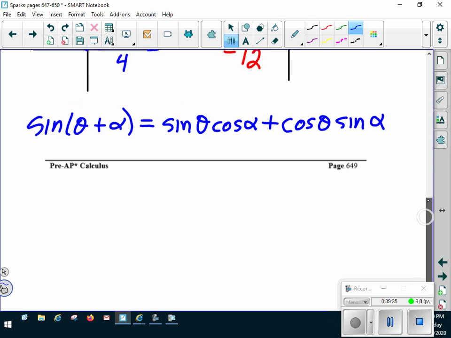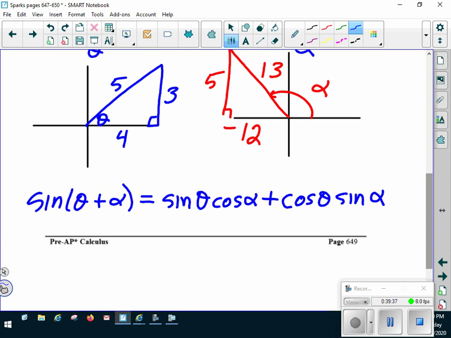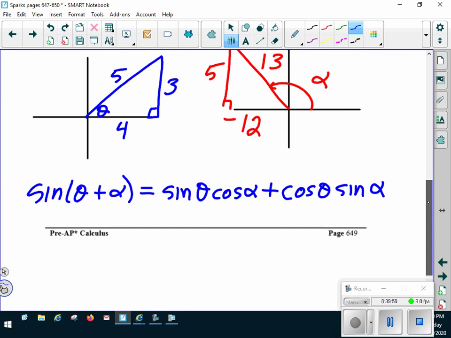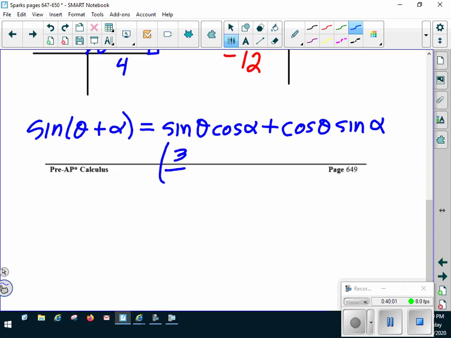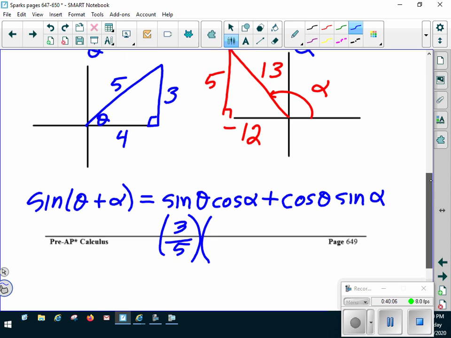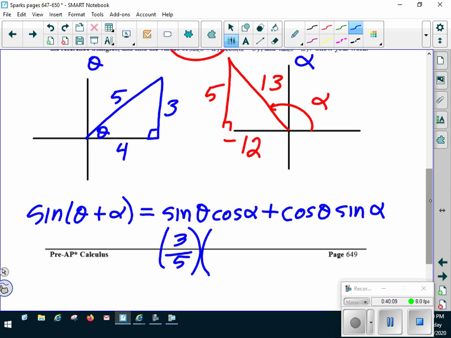What's the sine of theta? 3/5. What's the cosine of alpha? -12/13.